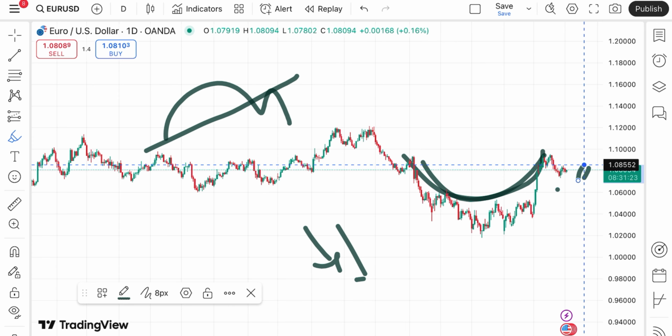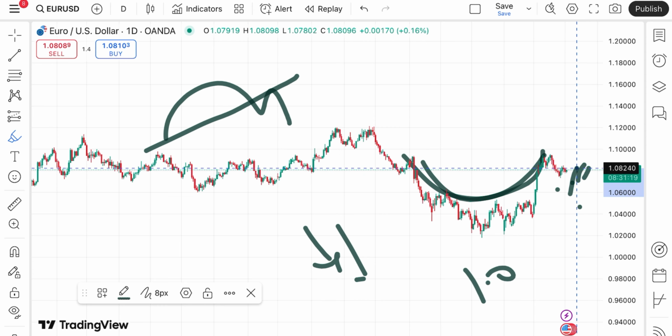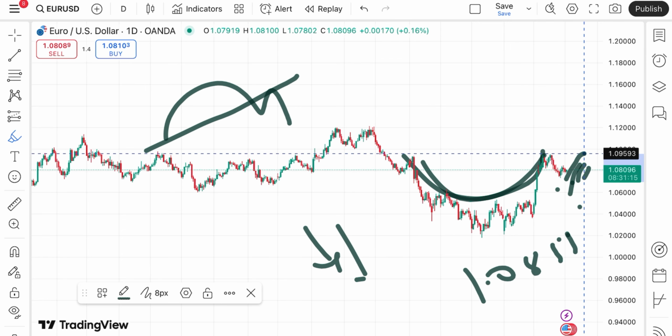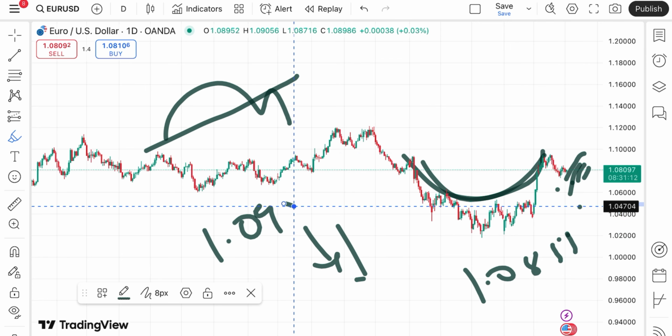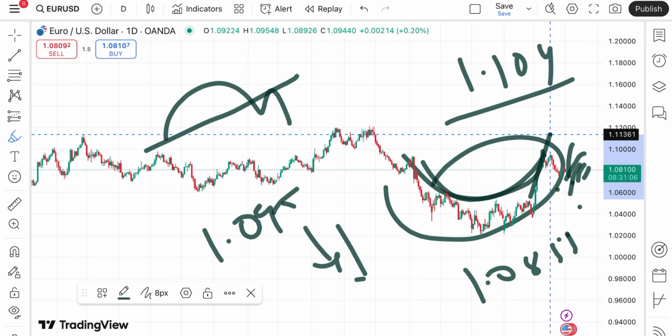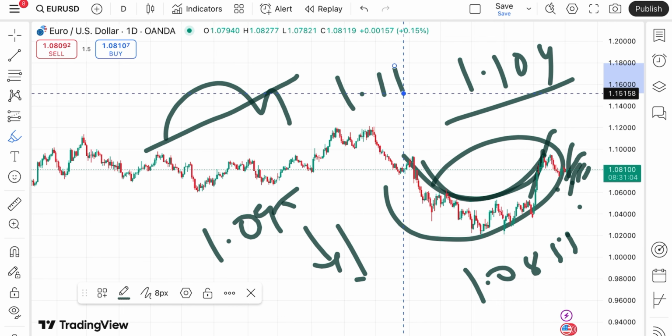If the price of the dollar index started going down, and the price sustains this level, we can see it can touch a level of 1.0885, and once it started going over this level, the probability of 1.095 will be there, and then there will be a zone breakout, so we can see the price can touch a level of 1.104. If the price moves over this level, the probability of touching 1.11 will be there.